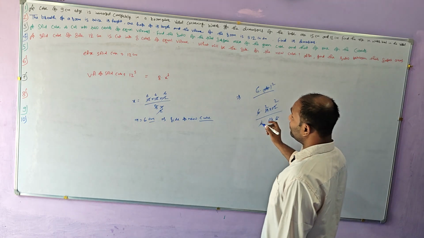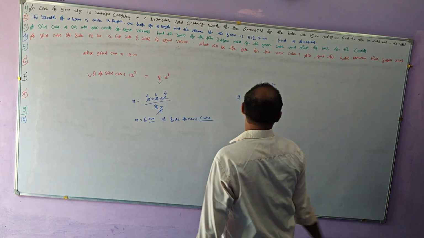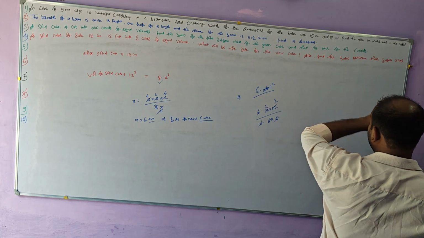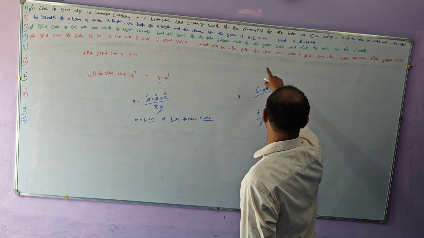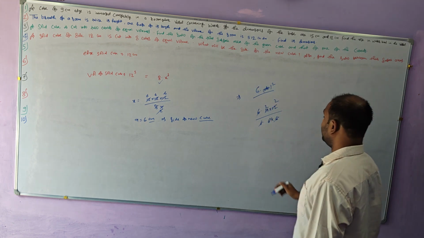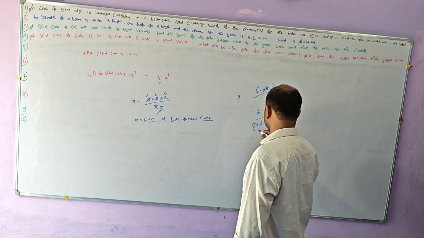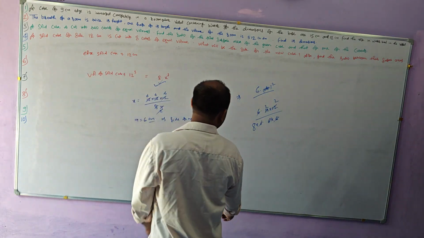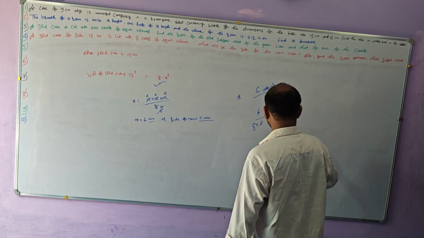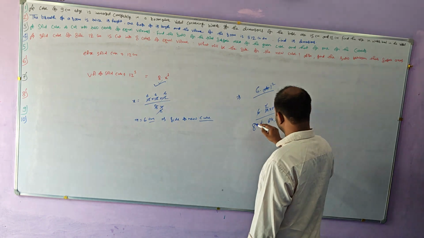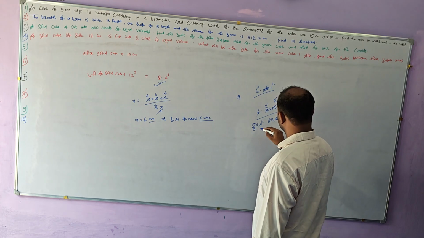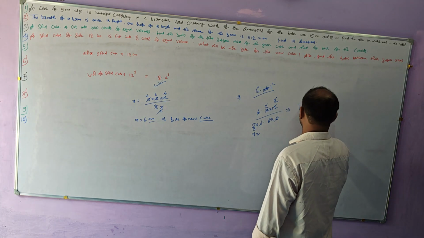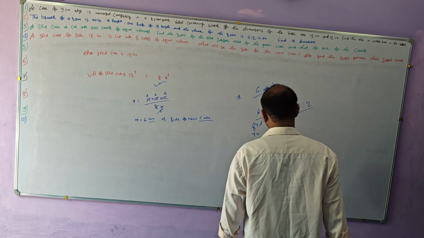And we also have 8 cubes, so it becomes 1:2 as a ratio.